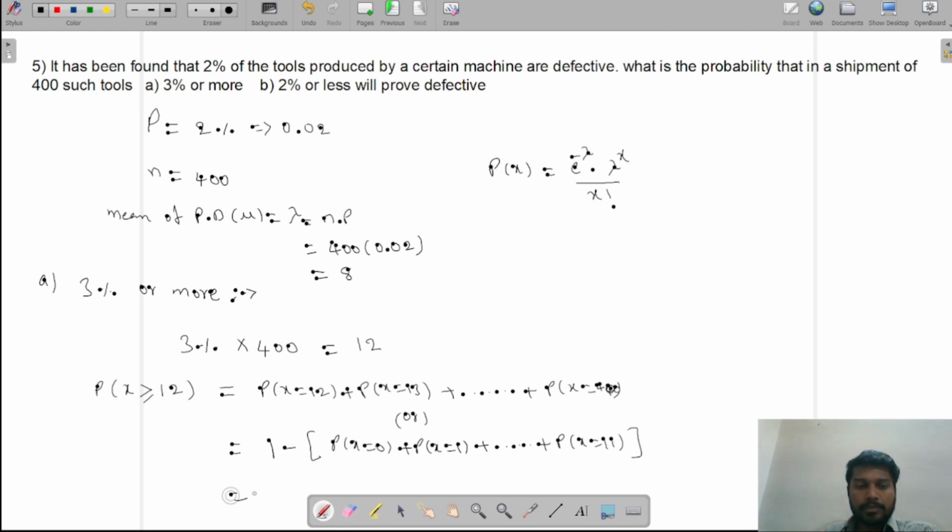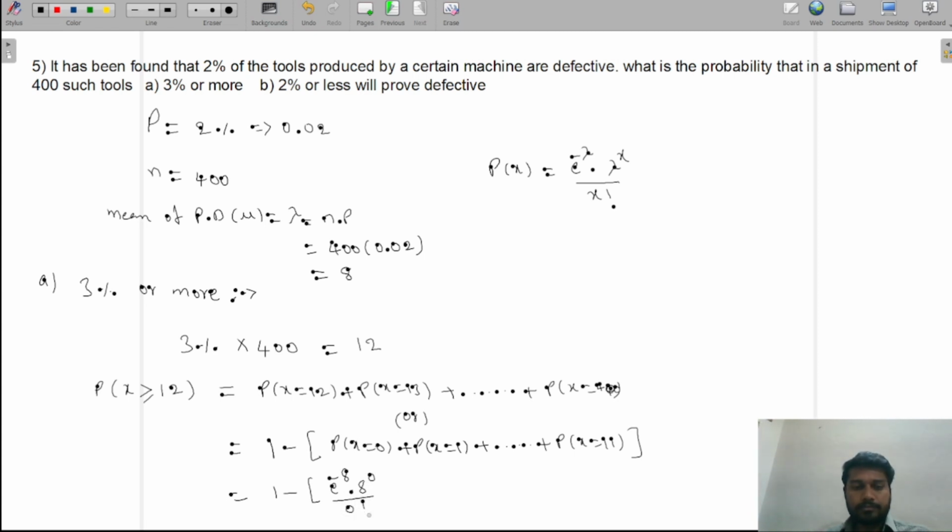Okay, so next step, I'm writing at every value of x the Poisson distribution. 1 minus, e to the power minus lambda, lambda value we got as 8, right? Into lambda power x, 8 to the power of 0 by 0 factorial, plus. So now writing Poisson distribution at x equal to 1, e power minus 8 into 8 to the power of 1 by 1 factorial, plus.